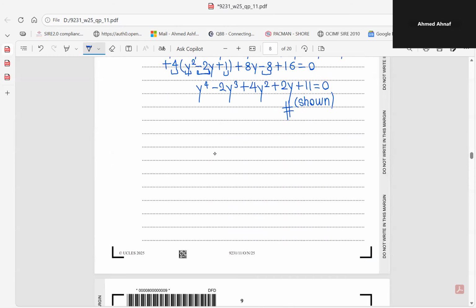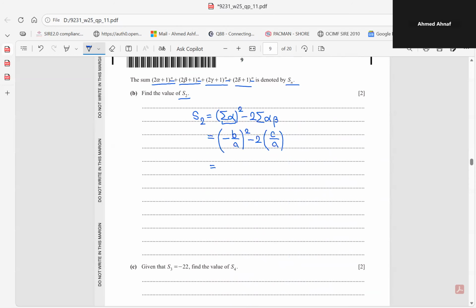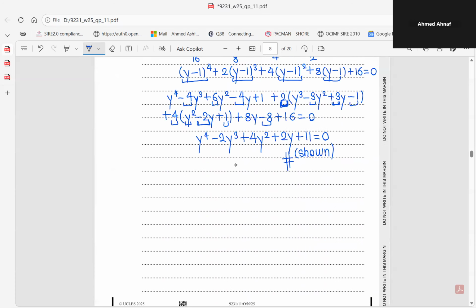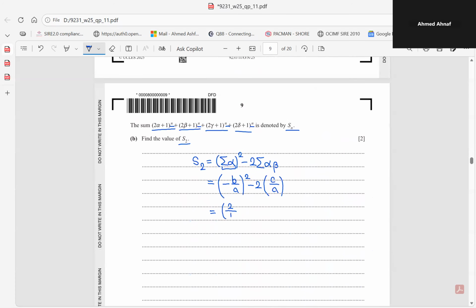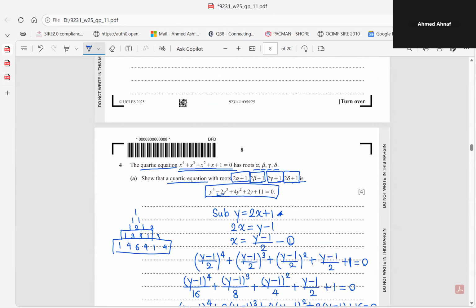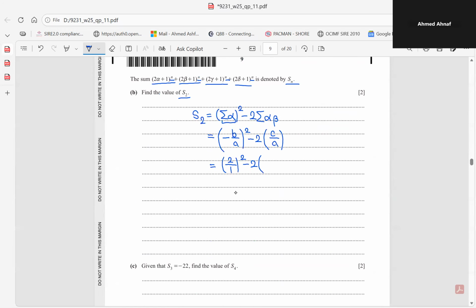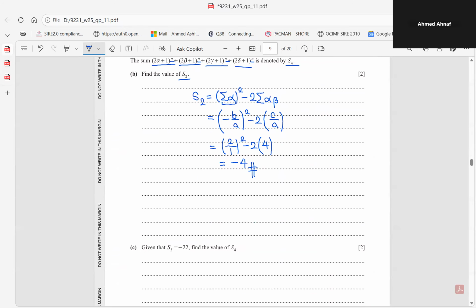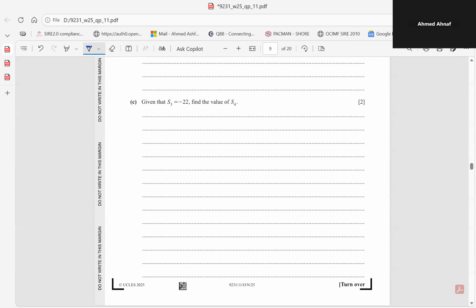So that's just 2. So 2 over 1 squared minus 2 times c. So c is the y squared term. So that's just 4. So 2 squared is 4 minus 8, which is negative 4. So this would be the final answer for the second part. Let's move on to the last part.